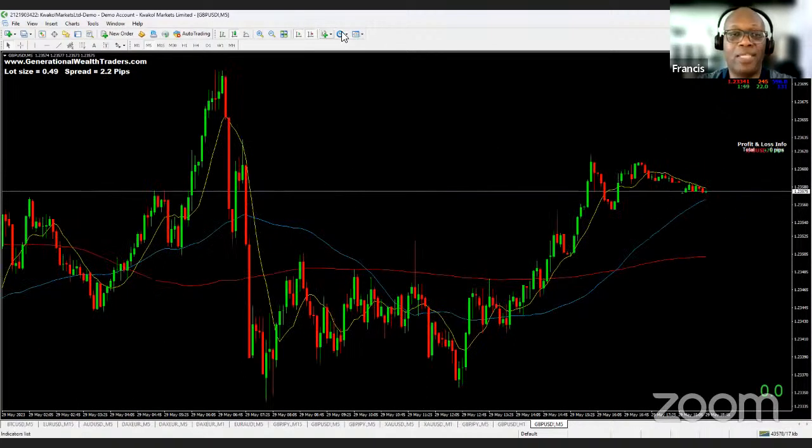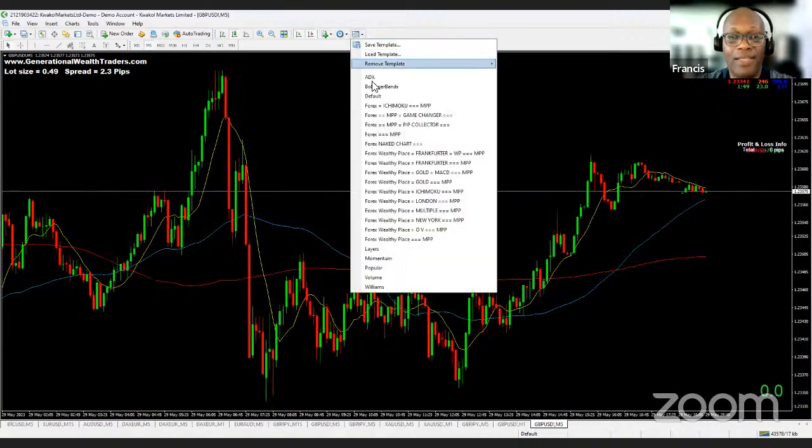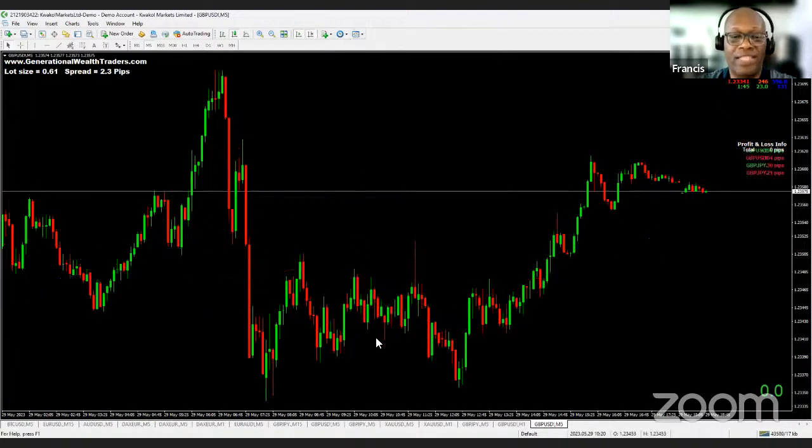Now, where's my naked chart? Okay, so that's a naked chart. Basically, there are no indicators whatsoever. All those weekly lines are indicators, but we are going to be trading it today using indicators. So let's start off with a naked chart without indicators.